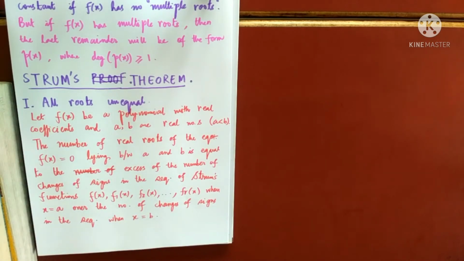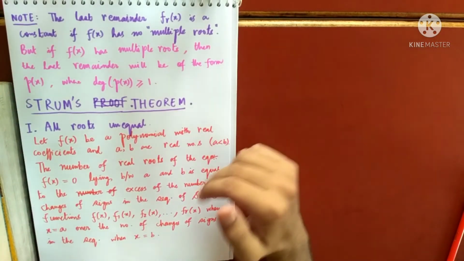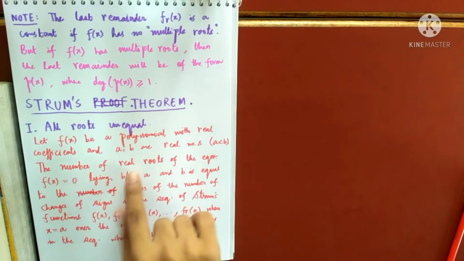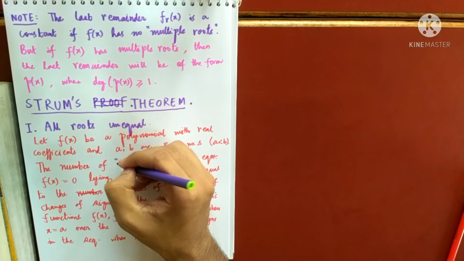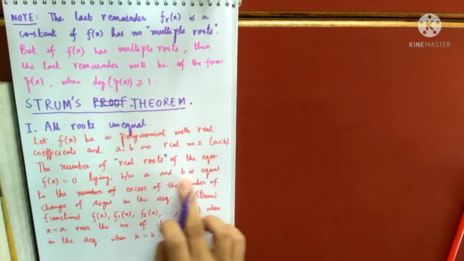Okay, so I'll explain. This will be very much essential. I'll do a sum based on this. So try to understand. I have given you some interval a and b, and you want to know the number of real roots of the equation f(x) equals 0 lying between a and b.